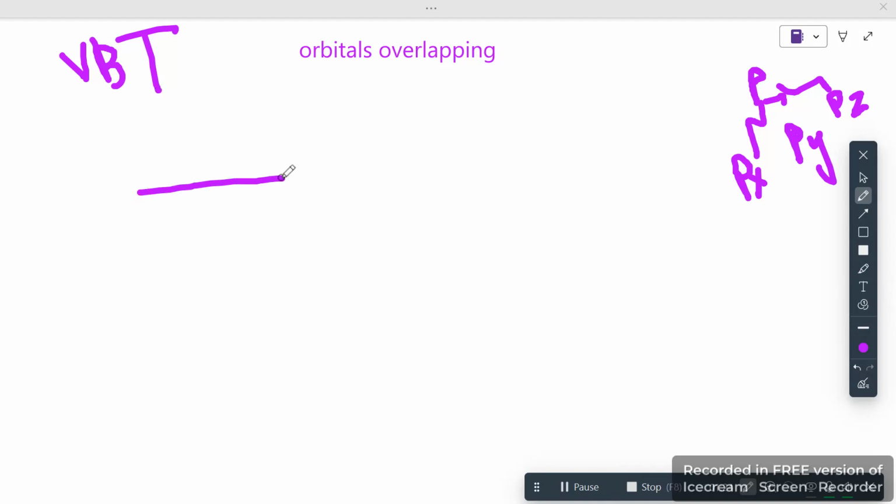First let me tell you, we have dumbbells. What are these? This is the px, as I just discussed these three, so this is known as px. Then I have py, which would be like this.